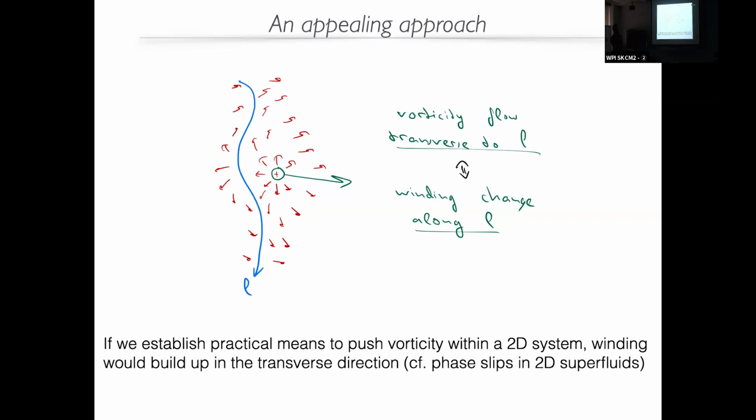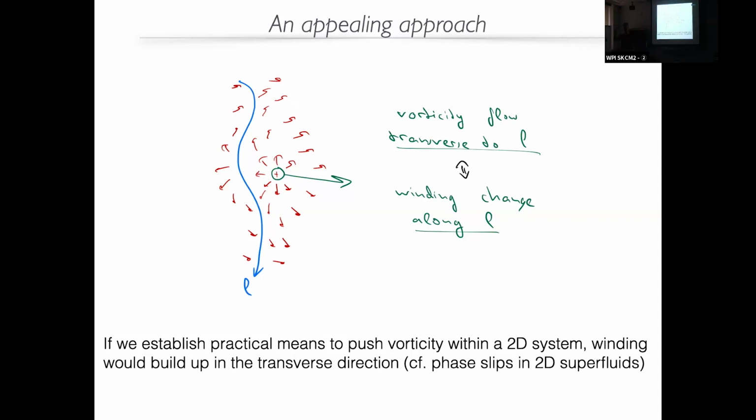Rather than injecting that winding at the ends, let's inject it in a two-dimensional sense by pushing magnetic vortices across this magnetic wire. Now it's not the ends which are utilized for the input-output, it's the entire length of the wire.